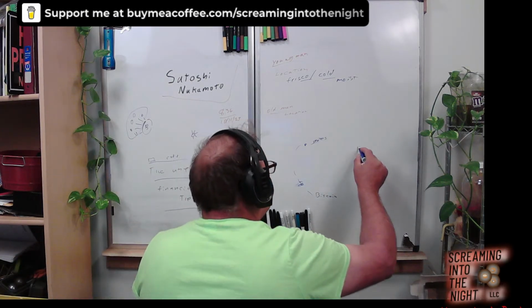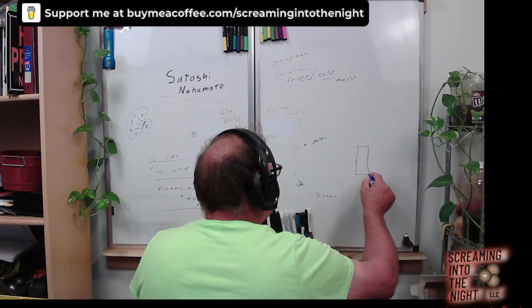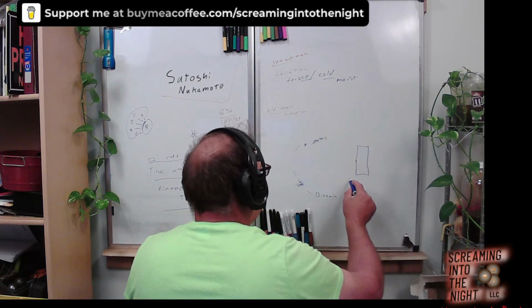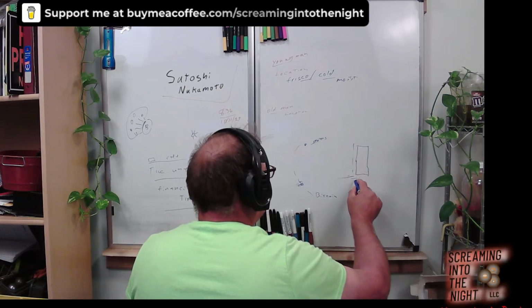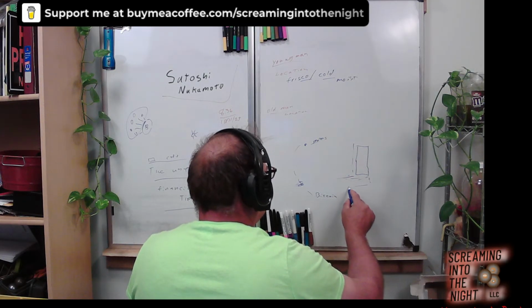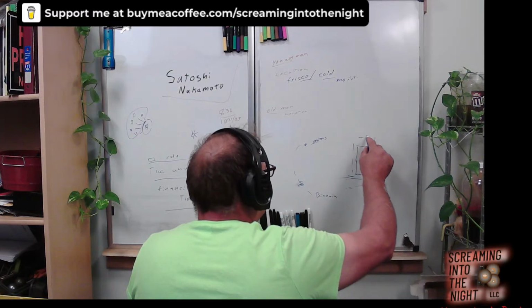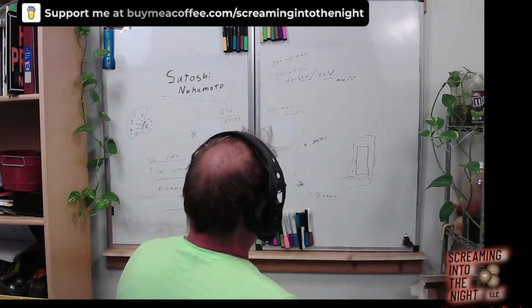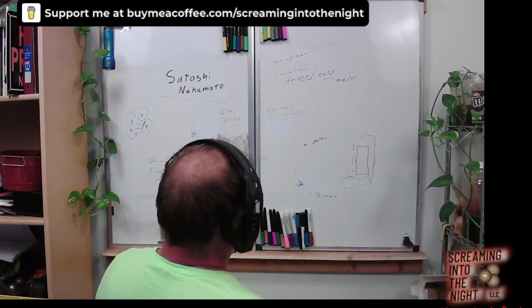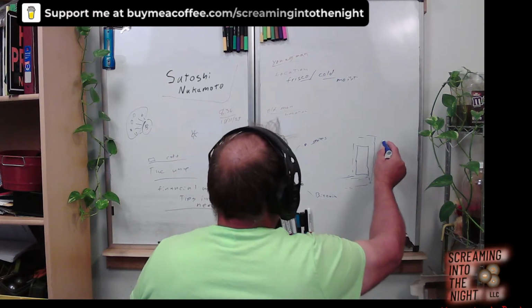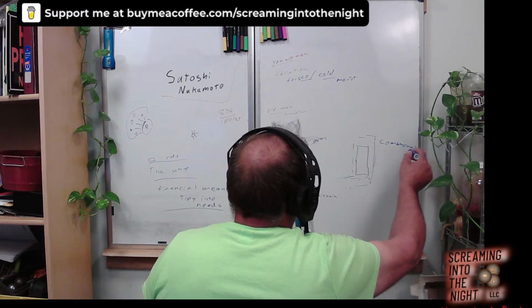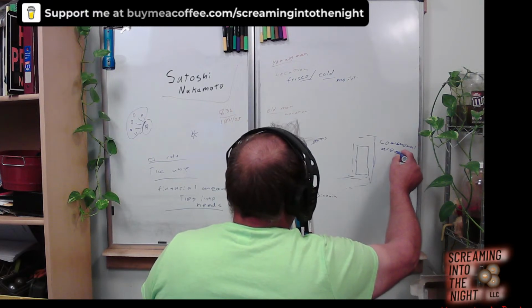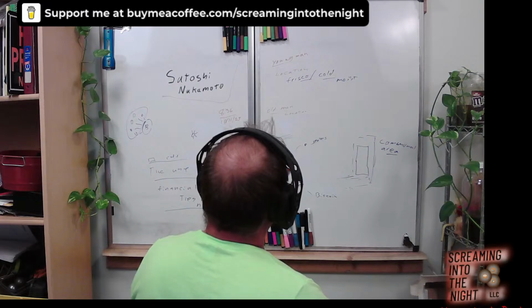I see a door. So there's a door, okay, and a hallway. And it feels like a communal area. All right. So this is the initial place.